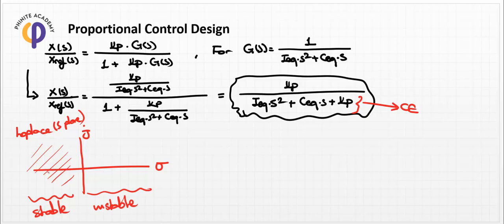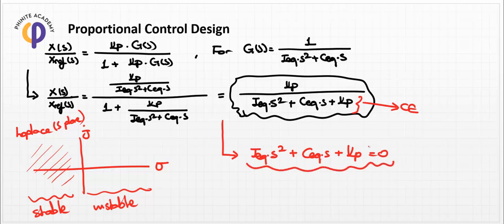In the time domain, if we have negative roots of this characteristic equation, the system is stable, and the output goes to Xref. So our equation, Iec s squared plus Cec s plus Kp, should be equal to 0 in order to obtain the characteristic equation.